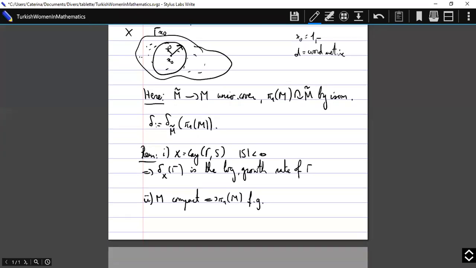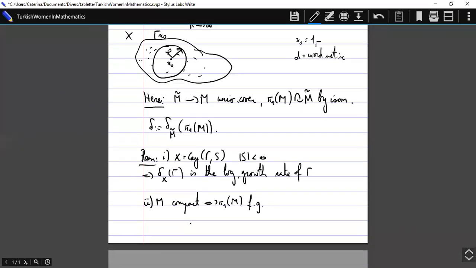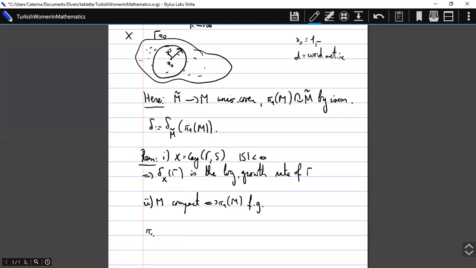It's even finitely presented. Then we can look at its Cayley graph. And in the case that this fundamental group has what is called sub-exponential growth, okay, so this is an invariant of groups that says that the number of words in this generating set does not grow fast, this by definition means that this delta of the Cayley graph of pi1 of M is 0. Okay, if it has sub-exponential growth, then this logarithmic growth rate is 0.